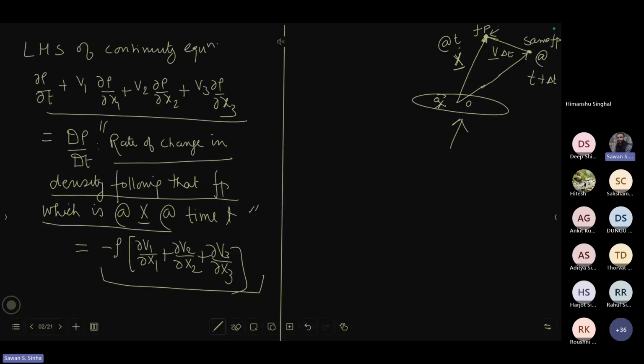Then this fluid particle at time t plus delta t goes to a special point, which is v delta t away from its original position. You make a second measurement here for density. So second measurement minus first measurement by delta t, limiting value delta t going to 0. That's what you are getting on the left hand side here.